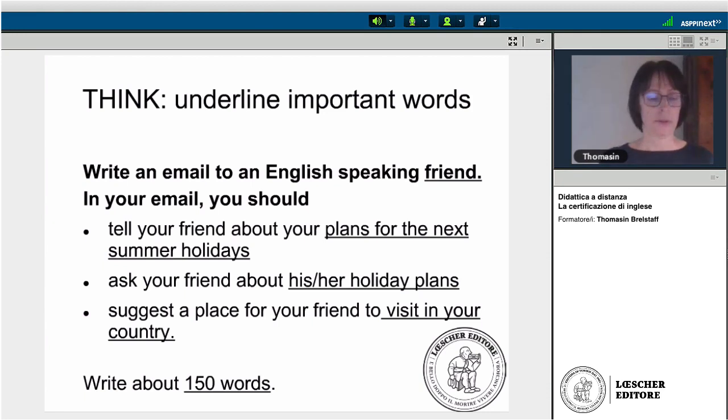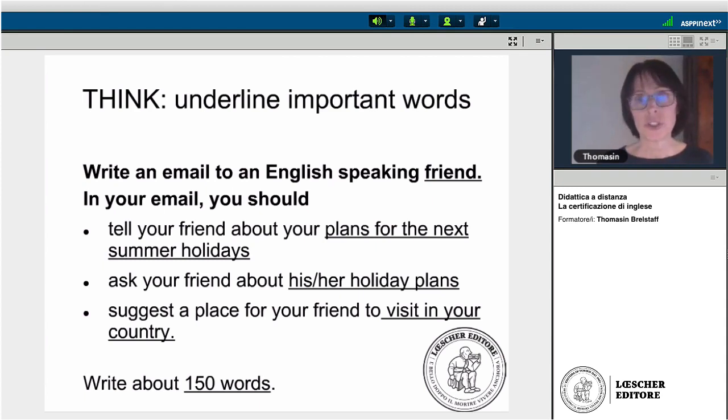Now, one word about this, the word limit. Students often ask me, does it matter if I've written a lot more words? Obviously, if it's a class test, only your teacher can answer this question.